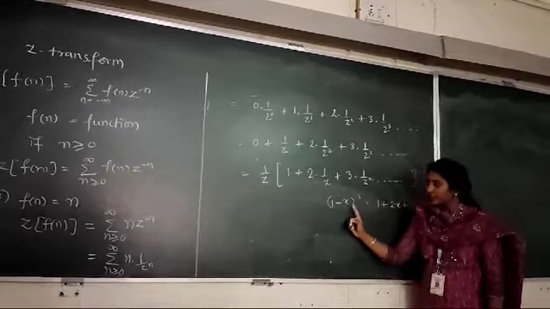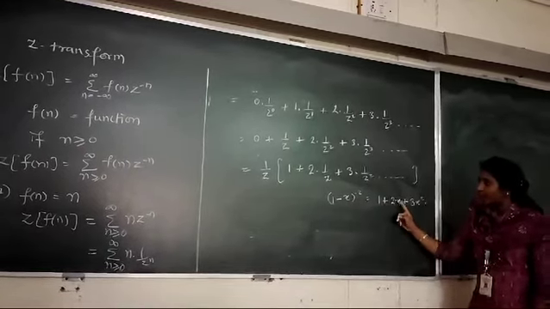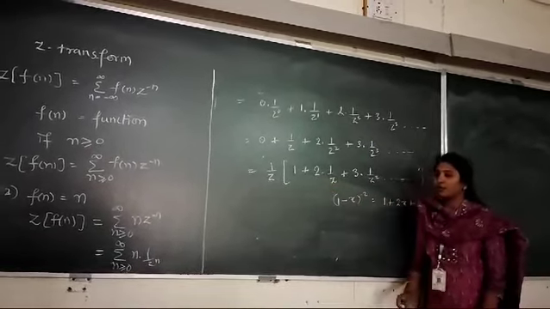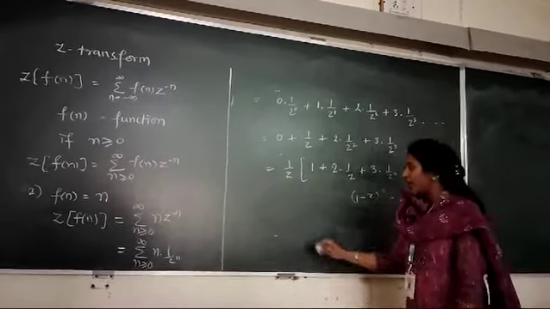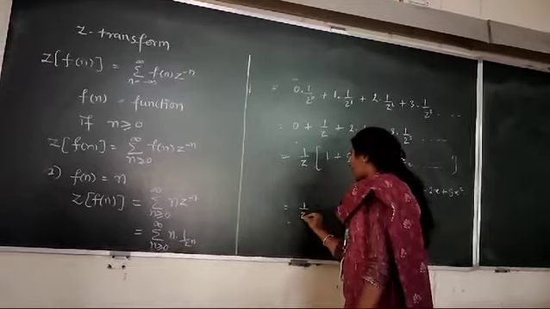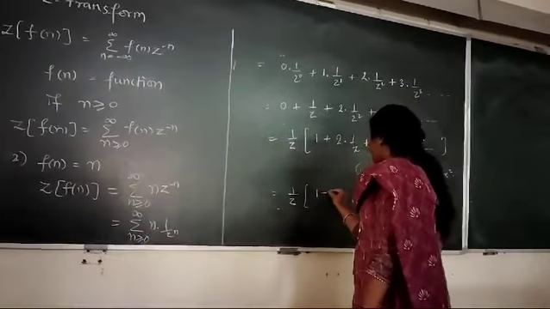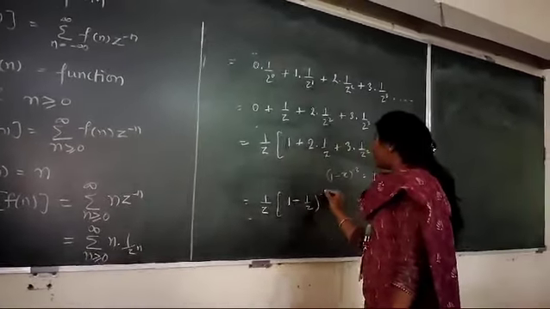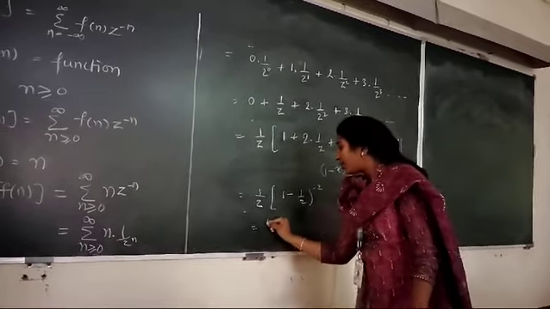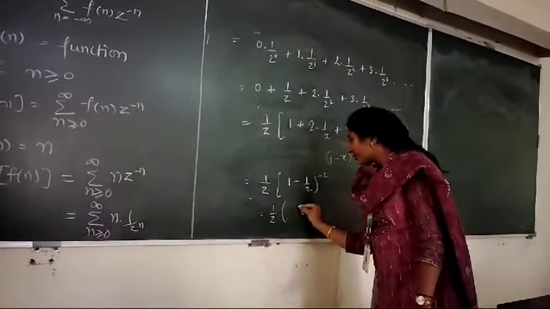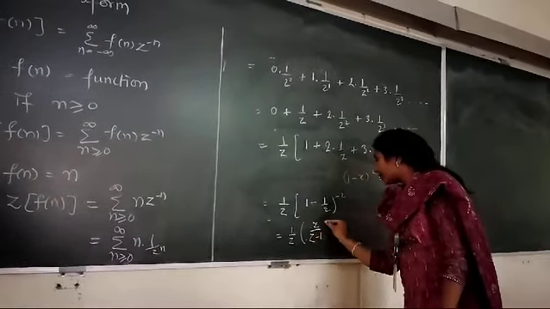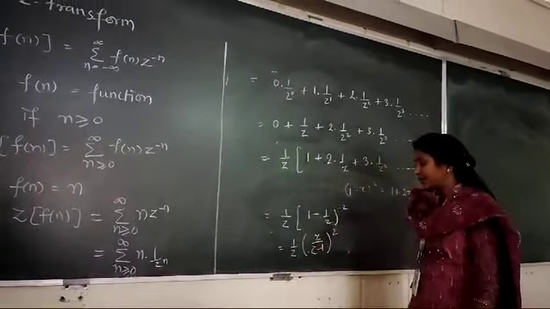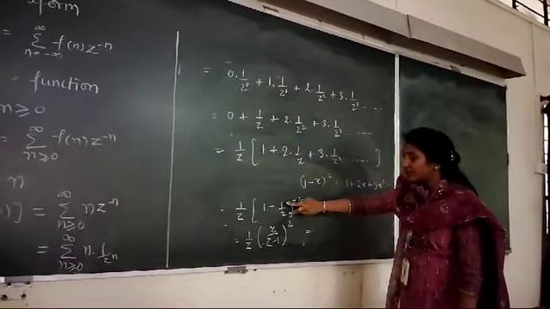By comparing this, we can take x equal to 1 upon z, and then apply the binomial expansion formula with power minus 2. It is 1 upon z times (1 minus 1 upon z) raised to minus 2.